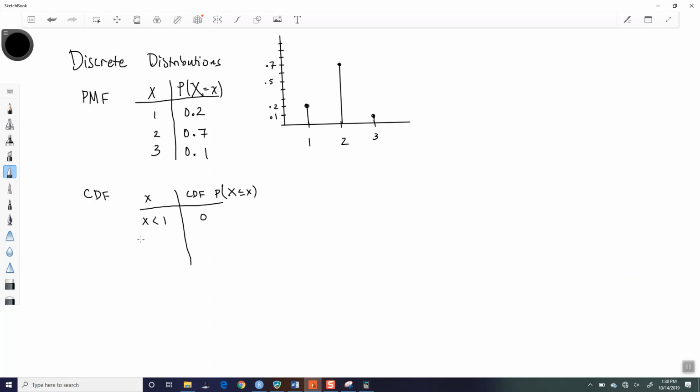And then for values between 1 and 2, we're going to go to 0.2. And then for values of x between 2 and 3, 0.9. And for x greater than or equal to 3, we have a total probability of 1.